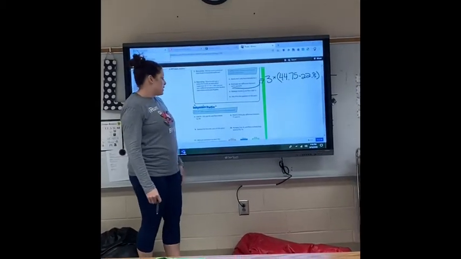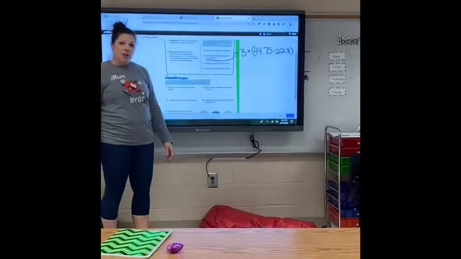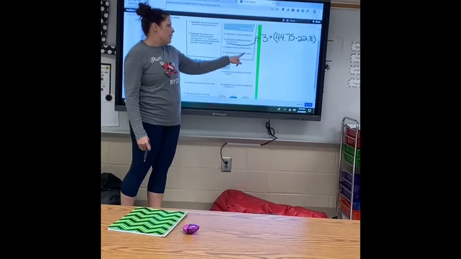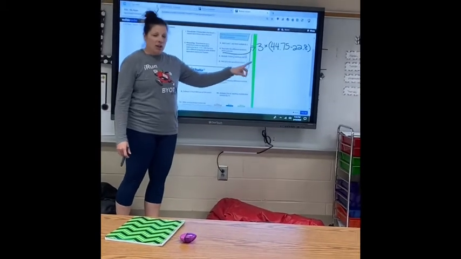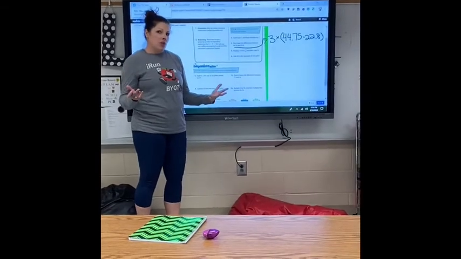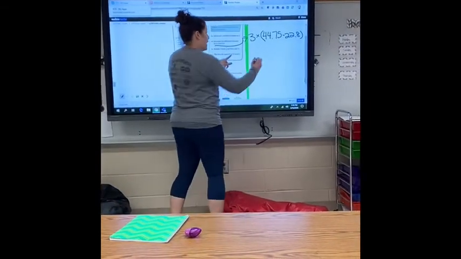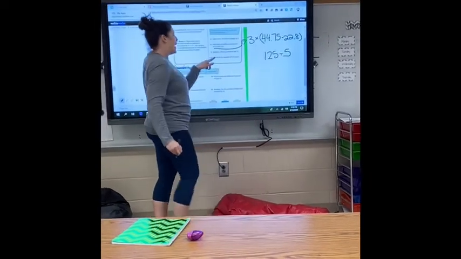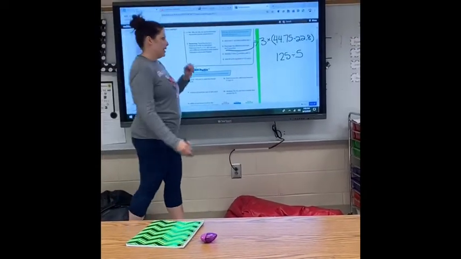So let's look at number 6, and then I'll let you do the odds for classwork today. 6 is add 49 to the quotient of 125 and 5. Quotient is the answer to a division problem. So you're going to be dividing 125 divided by 5, and you are adding 49 to this answer.